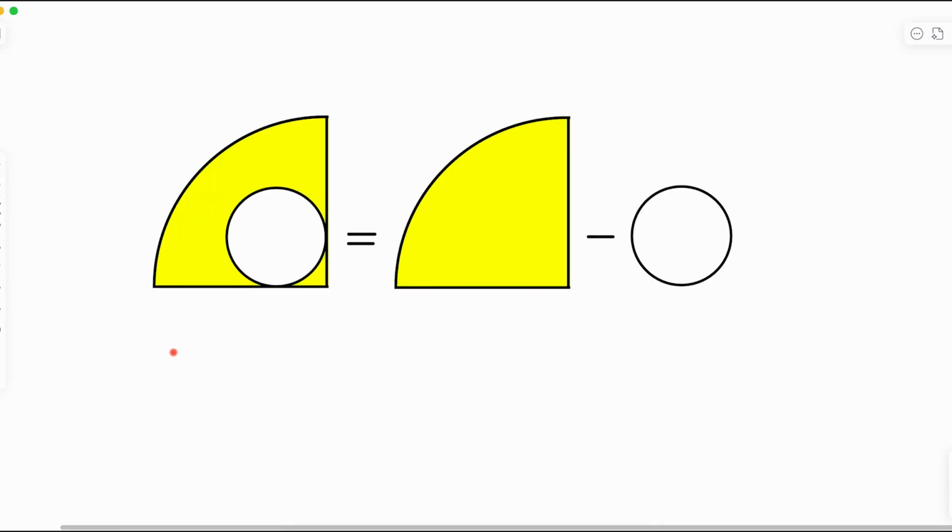At first we want to find the area of the shaded region, and we should first calculate the area of a quarter of a big circle, whose radius I denote by big R. So I write 1 over 4 pi R squared, minus the full area of a small circle, whose radius I denote by small r, which is pi r squared.